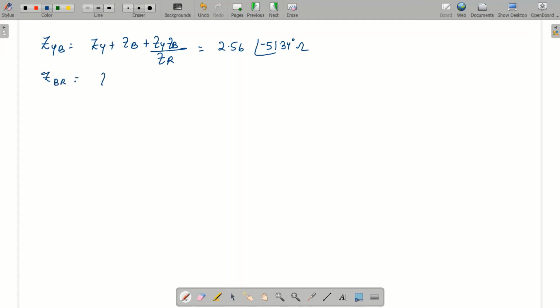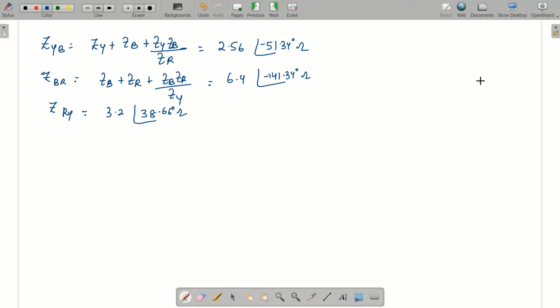ZBR equals ZB plus ZR plus ZB ZR divided by ZY, which will be equal to 6.4 at an angle of minus 141.34 degrees. And ZRY, as already found, is 3.2 at an angle of 38.66 degrees.